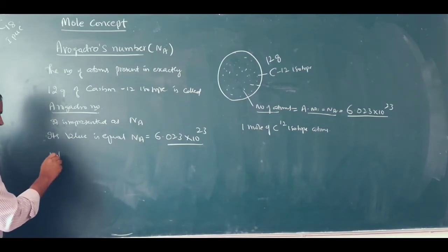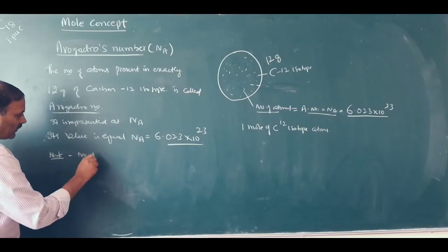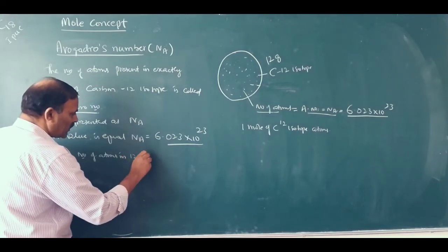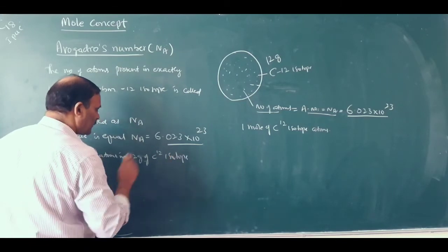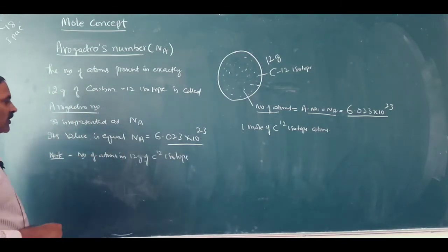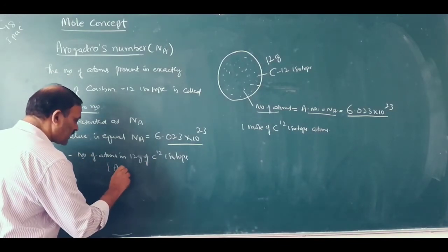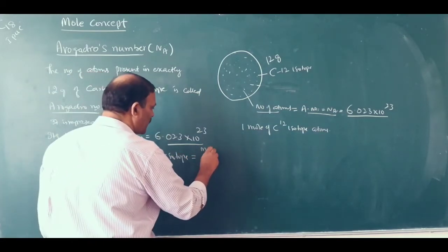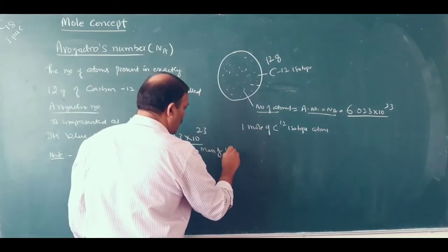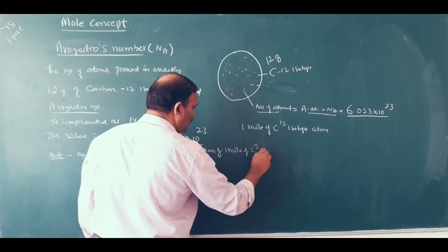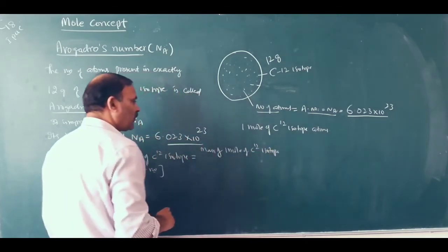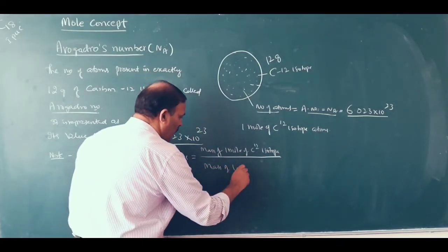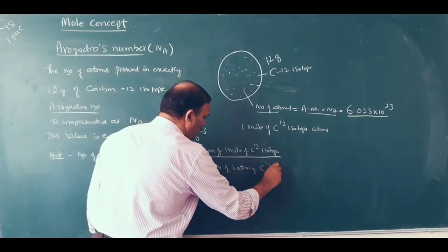Number of atoms in 12 gram of carbon 12 isotope, which is also called Avogadro number, is equal to mass of 1 mole of carbon 12 isotope divided by mass of 1 atom of carbon 12 isotope.